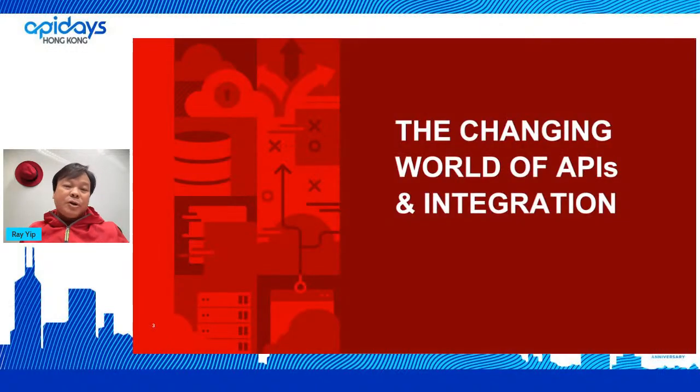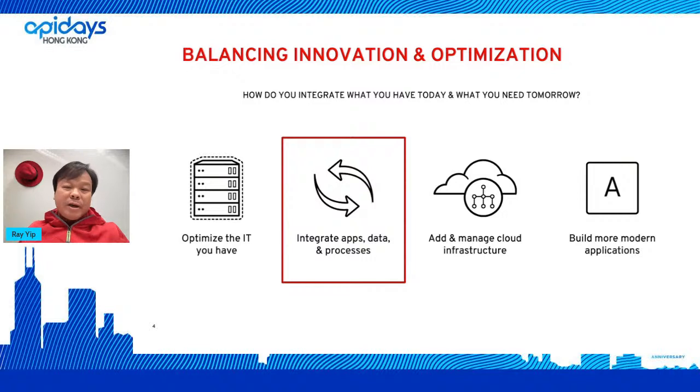The first one is the changing world of API and integration. Before going into the tools and introduction, I would like to mention some things customers are hearing and seeing. For example, one customer says there is no way you can put more money, people, or time into new digital technologies. What can I do?